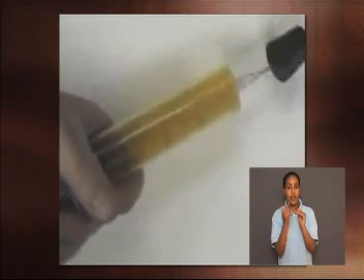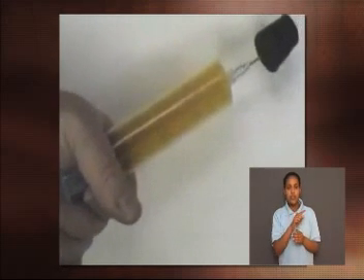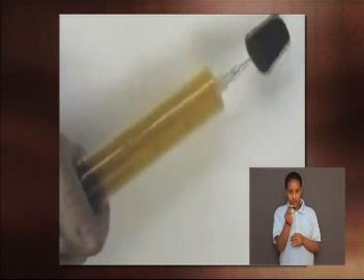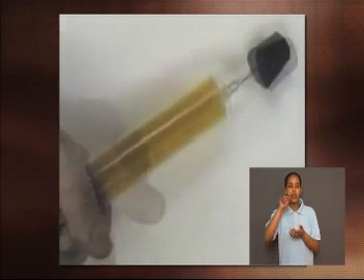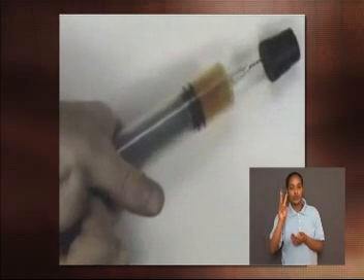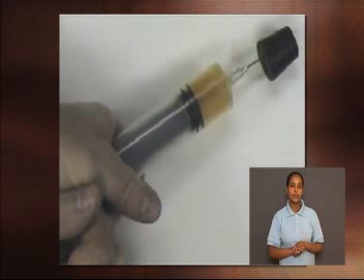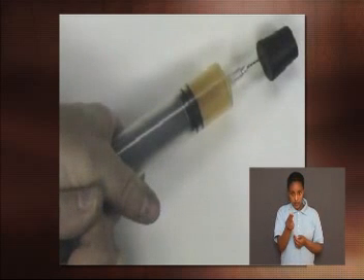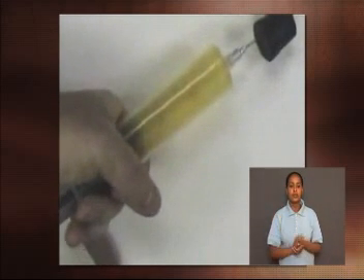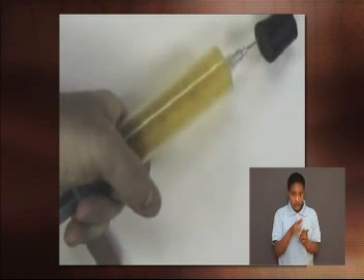As you can see, there is a syringe filled with a mixture of nitrogen dioxide and dinitrogen tetroxide. The syringe is plugged so that the gas cannot escape. The system is in equilibrium.